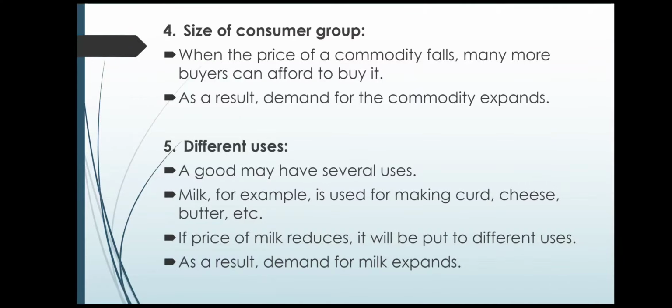Over here they have said that milk can be used in different manner. It can be used to make curd, cheese, your tea, coffee. There are various things. So as the price falls, the demand for milk will expand. So these are the various reasons why demand curve slopes downwards and show inverse relationship between price and quantity demanded.